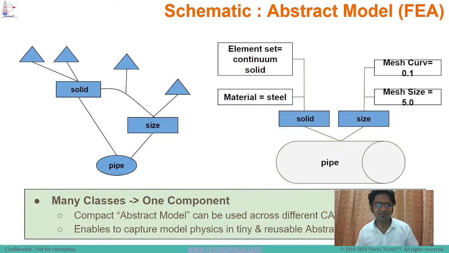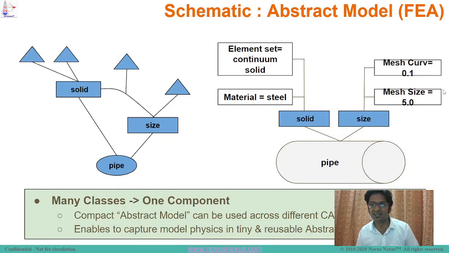So you can have as many classes as you want, and you can assign them onto the component. The physics which we are setting up through the attribute, for example the element set or the material physics which we specify through an attribute onto a particular class, will get transferred onto your component.